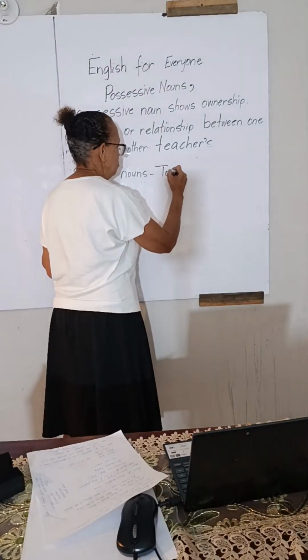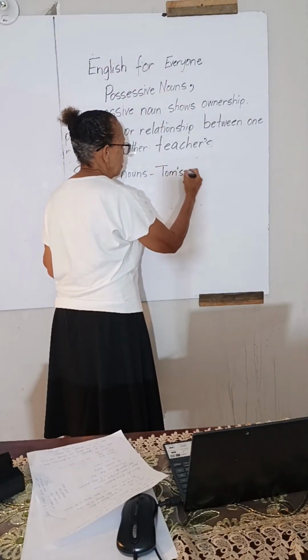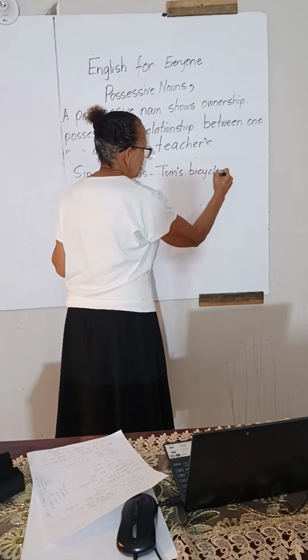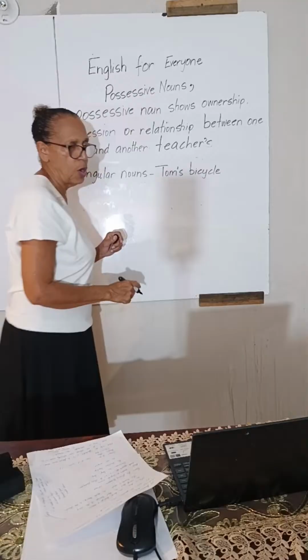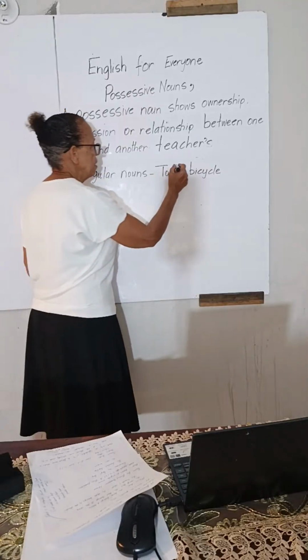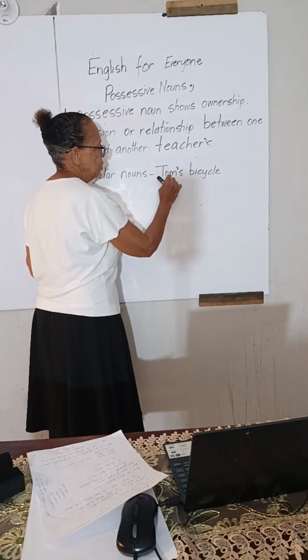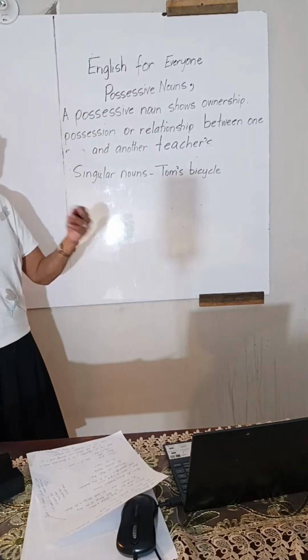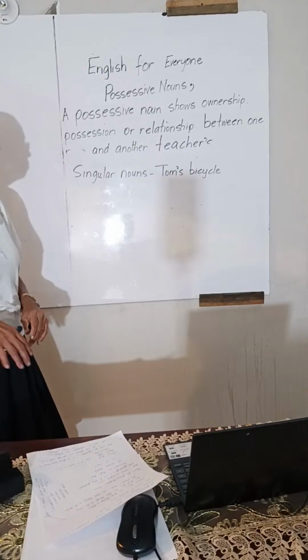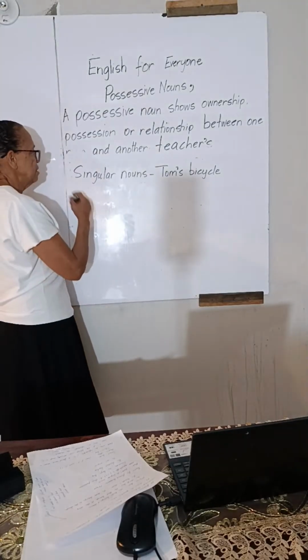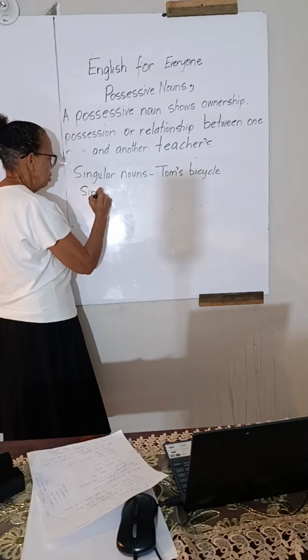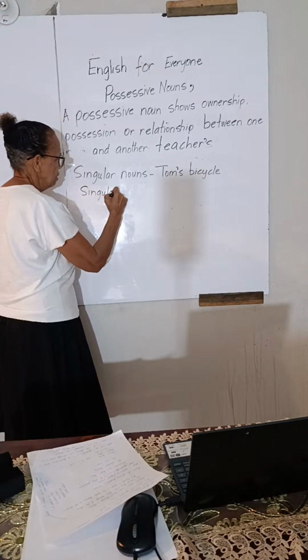Singular, Tom's bicycle. The bicycle belongs to Tom. It's on the inside, between the M and the S. Tom's bicycle, ownership. Then we look at singular nouns again.